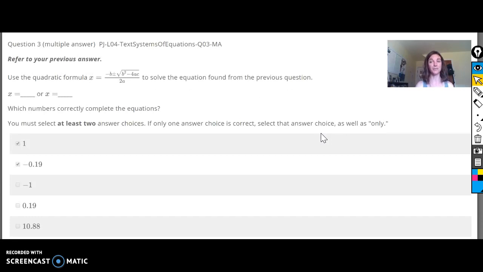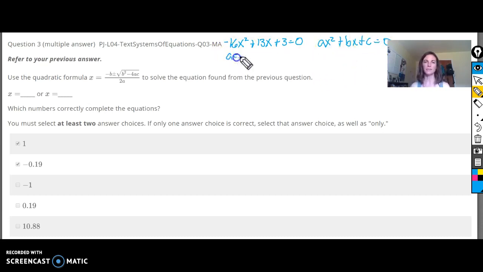Now we're being tasked with using the quadratic formula to solve that. So I'm going to write it up here so that we have it. Negative 16x squared plus 13x plus 3 equals 0. Remember, standard form is ax squared plus bx plus c equals 0, so we are in standard form.